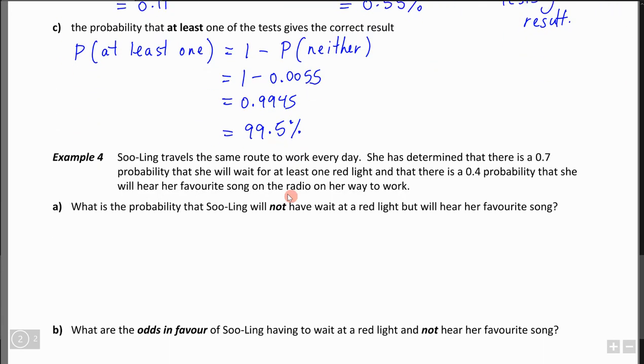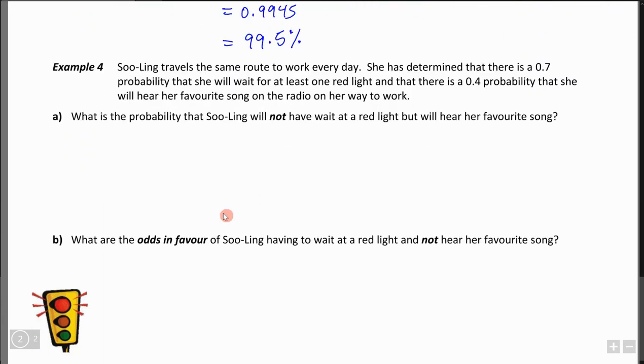All right, so example 4. Su Ling travels the same route to work every day. She has determined that there is a 0.7 probability that she will wait for at least one red light, and there's a 0.4 probability that she will hear her favorite song on the radio on her way to work. Okay, so what is the probability that Su Ling will not have to wait at the red light, but will hear her favorite song?